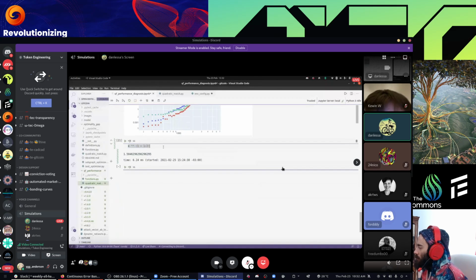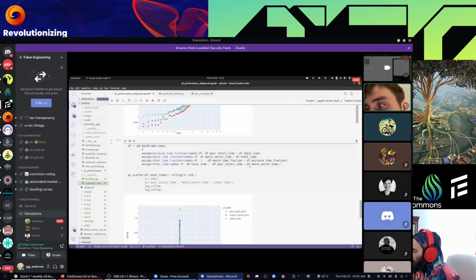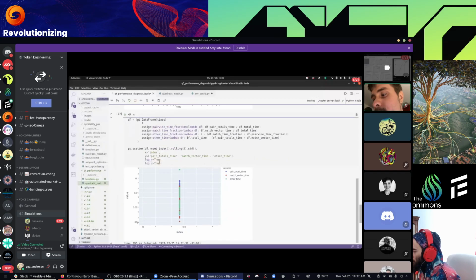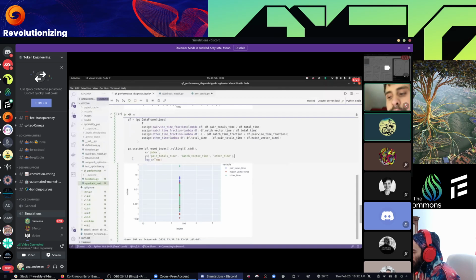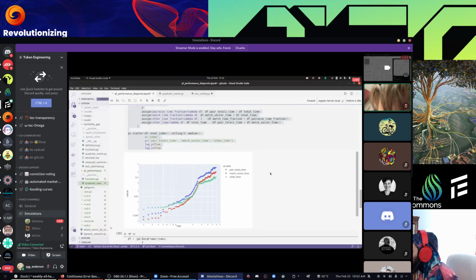Another thing that could be useful to see also is the standard deviation. I'll remove the log here. Yeah. Anyway, guys, any comments or questions about the slowness of the quadratic funding?